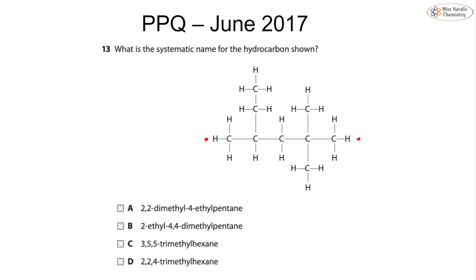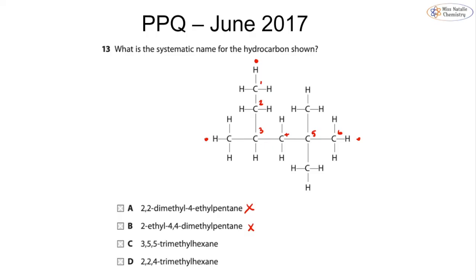But we need to take into account the fact that we have this chain here. And actually, our longest chain is 6. We've got 1, 2, 3, 4, 5, 6 carbons. So we can immediately get rid of A and B. We know that it is going to be hexane.